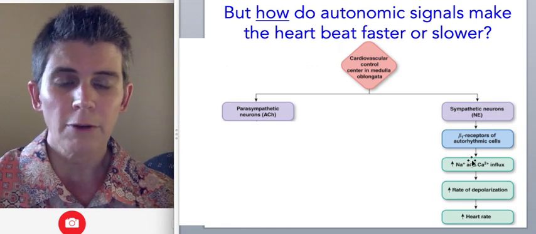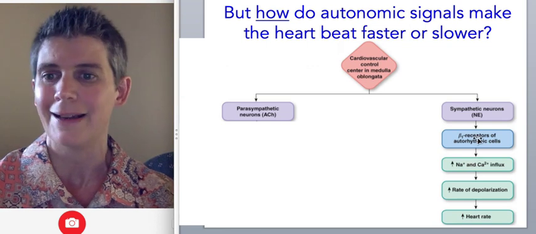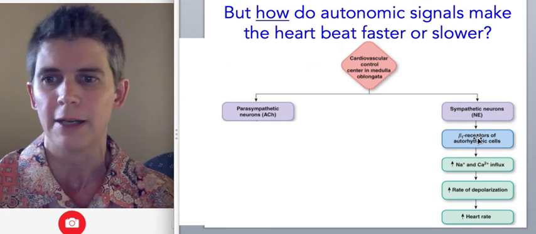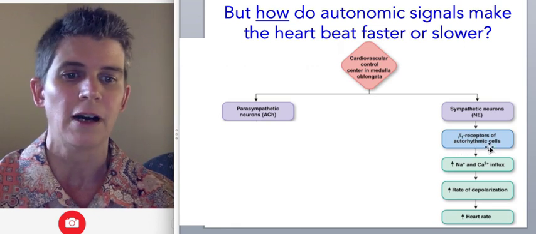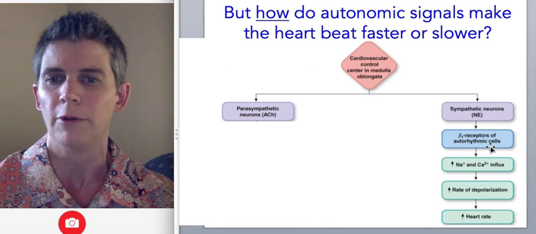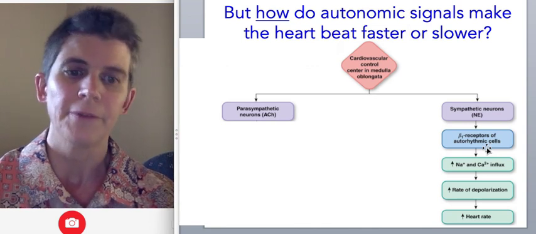And that norepinephrine binds to beta-1 receptors, which is a kind of norepinephrine receptor, a kind of adrenergic receptor, on these pacemaker cells. So it says on autorhythmic cells, autorhythmic meaning they create the rhythm themselves.